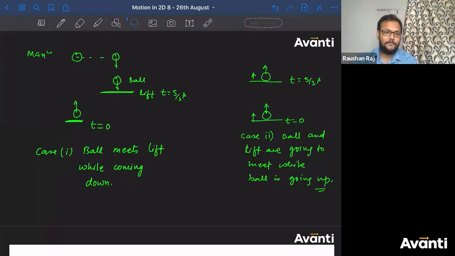By looking at the time. Very good, Vishwa. Correct. Which time do we have to look at?